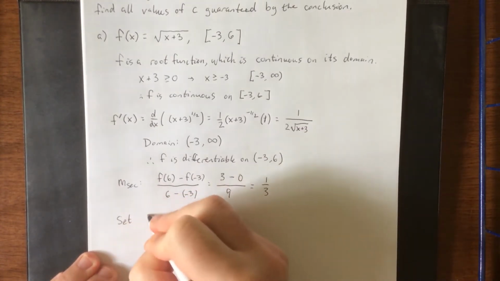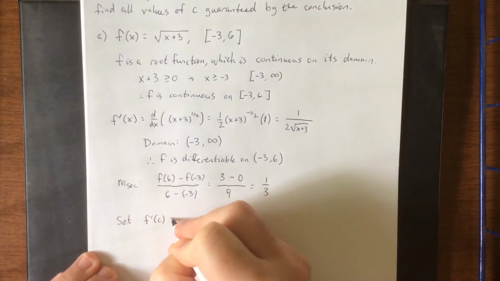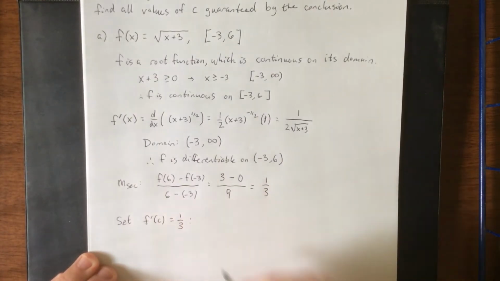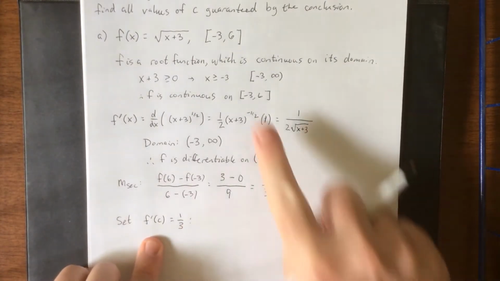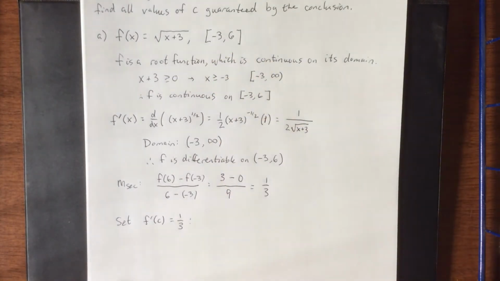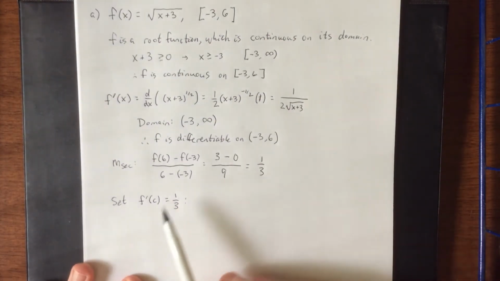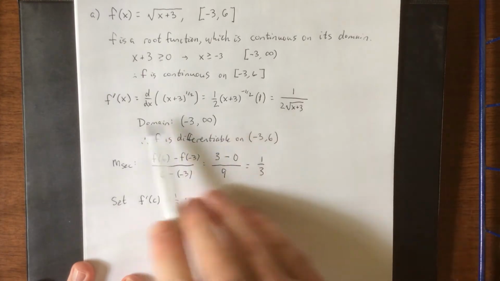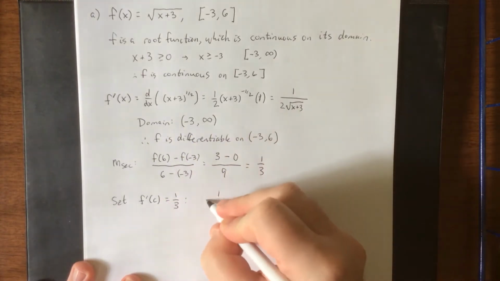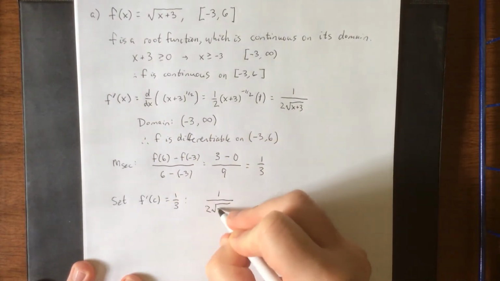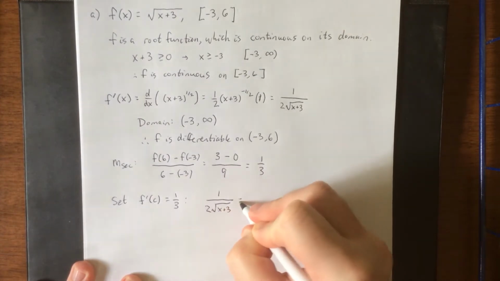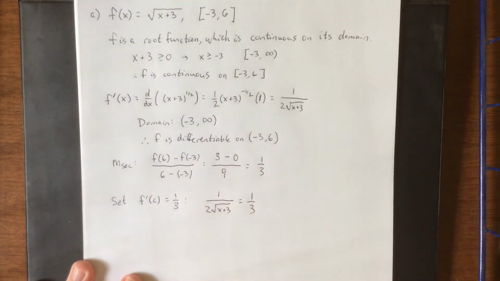So we are going to set f prime of c equal to 1/3 and see if we can find a c on the open interval from -3 to +6. We already got the first derivative from testing differentiability, so we will be setting 1 over 2 square roots of x plus 3 equal to 1/3.